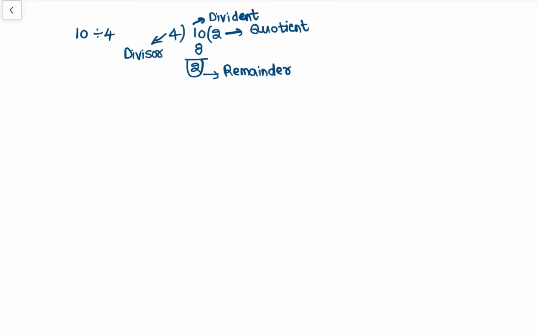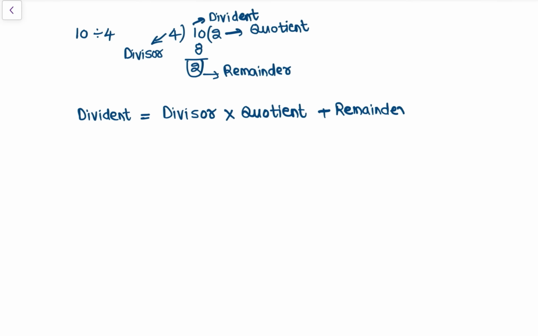And if we want, we can write: dividend is equal to divisor into quotient plus remainder. This is the formula.